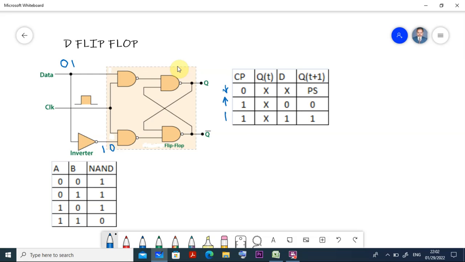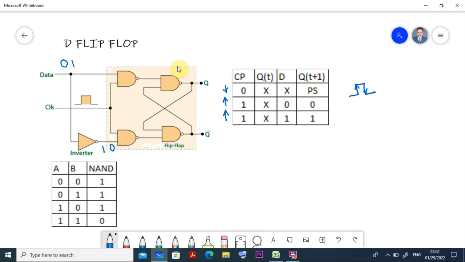So two cases are there. One is the clock pulse down, and this is the plus up and this is the down minus. 1 to 0 it is 0 and 0 to 1 it is 1. In this way we can create all things.